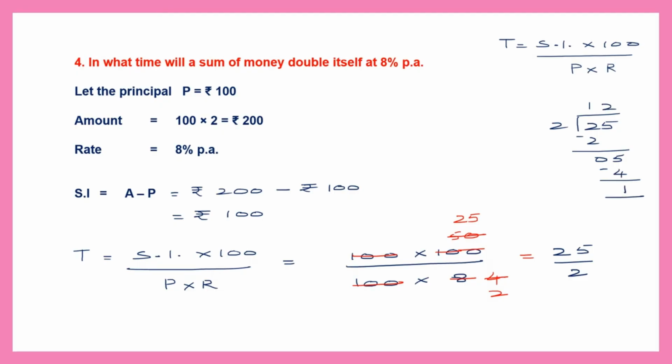So this will leave it as a mixed number, that will be 12 1 by 2. And here what did we find out? We found out time. Time is 12 1 by 2, and time is always according to rate, and rate is per annum, that means per year. So time will also be in years. So 12 1 by 2 years. So this is our answer. We found the time. The time is 12.5 years.